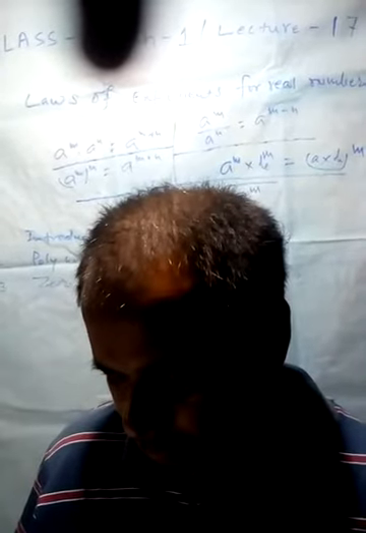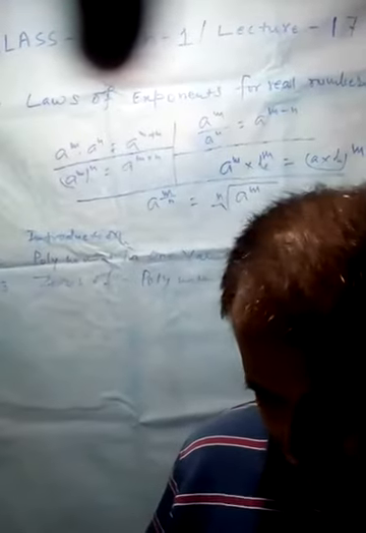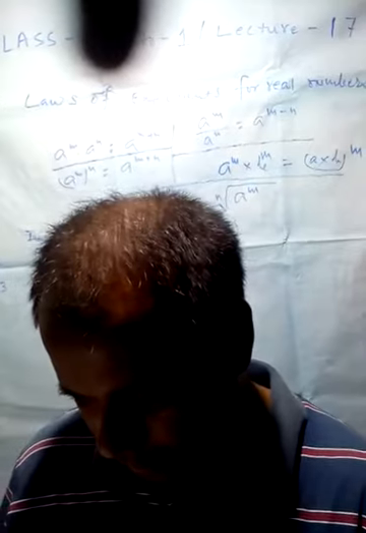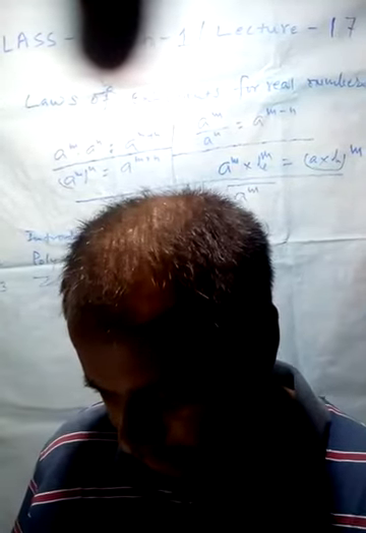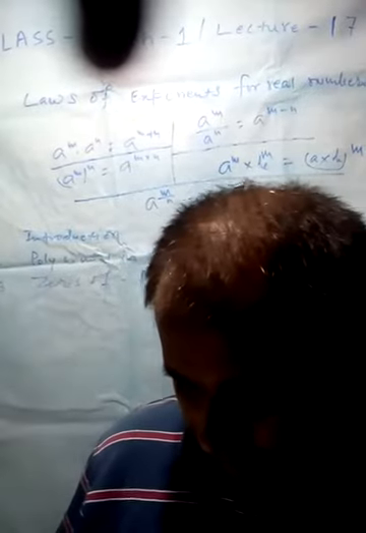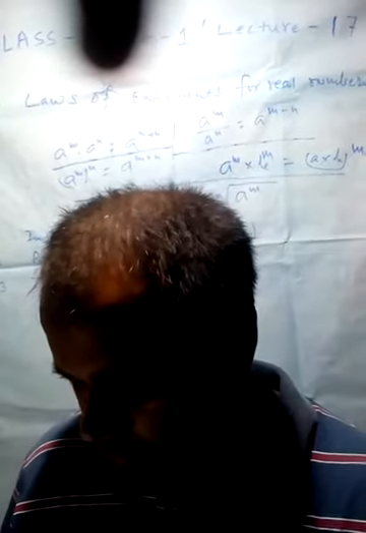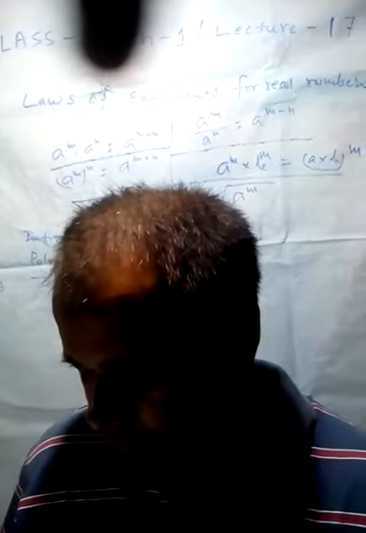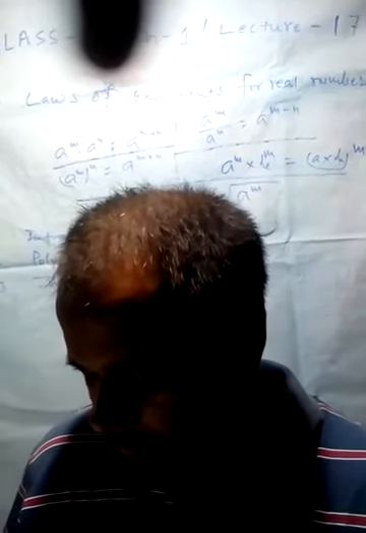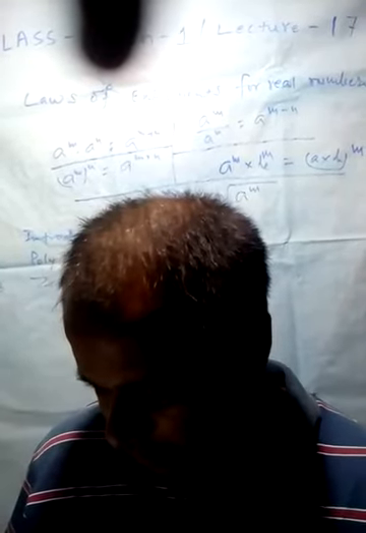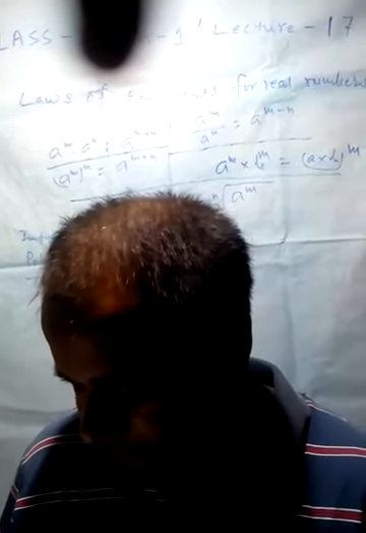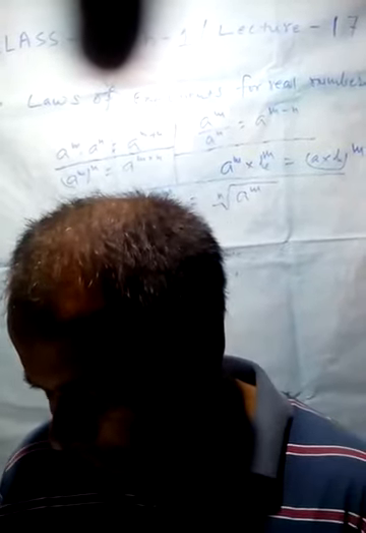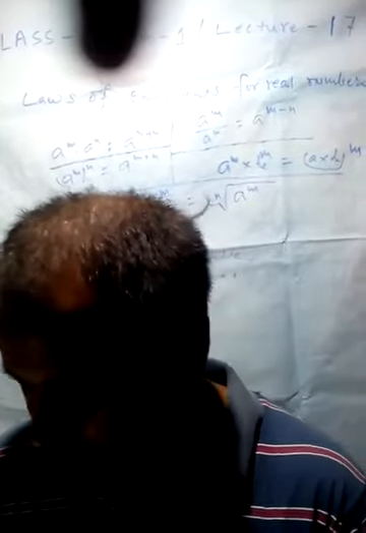Third one, 7 to the power 1 by 5 by 7 to the power 1 by 3 is 7 to the power (1 by 5 minus 1 by 3), that is 7 to the power minus 2 by 15. And fourth one, 13 to the power 1 by 5 into 17 to the power 1 by 5 is equal to (13 into 17) as a whole to the power 1 by 5.